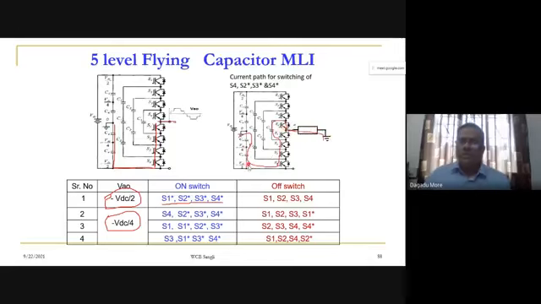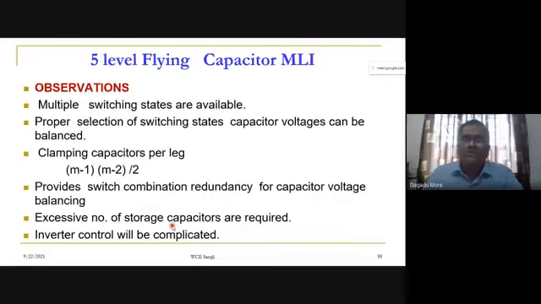Here these two capacitors' addition will be VDC by 2. This capacitor is VDC by 4. So VDC by 2 minus VDC by 4, we'll get VDC by 4 at the load. Similarly, you can make the sketch for the other configurations also.